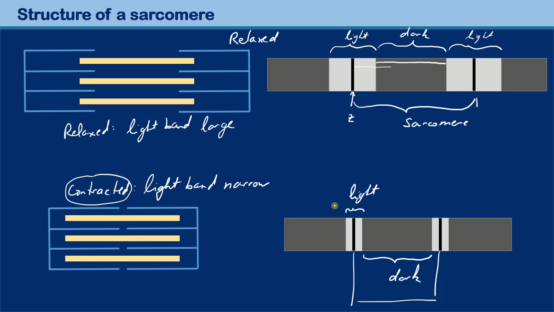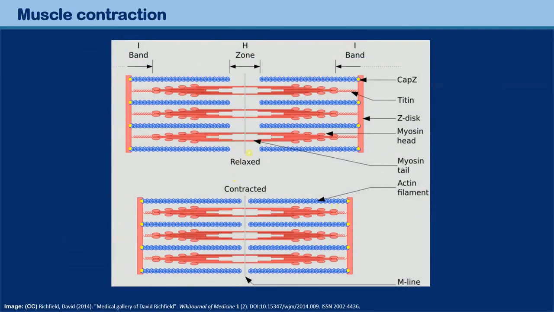Now, let's have a yet more detailed picture over here, and you see how it actually looks. Well, it's still only a drawing. Here you have the relaxed state and the contracted state. It's not as extreme as in my previous picture, but you see the myosin here, and these myosins have little heads. They look a little bit like golf clubs sticking out.